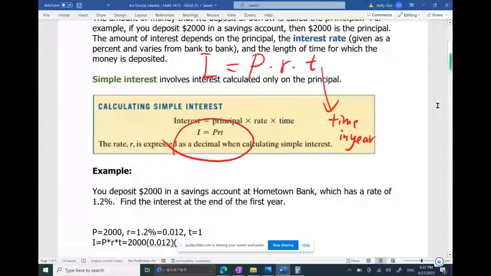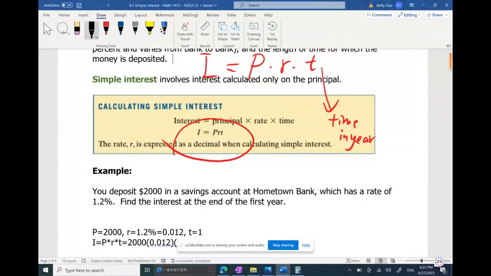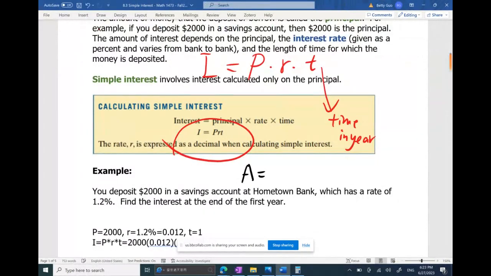In both simple interest and compound interest, we use A to represent the future value of your account. Future value. A is the accumulated balance. When you borrow, it is the accumulated balance you owe.